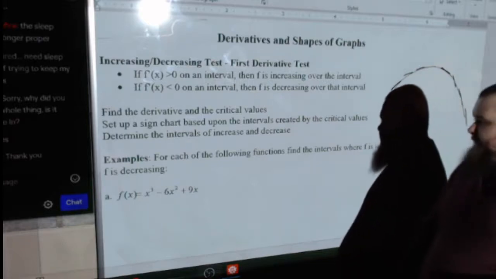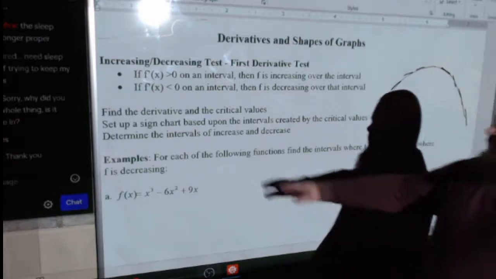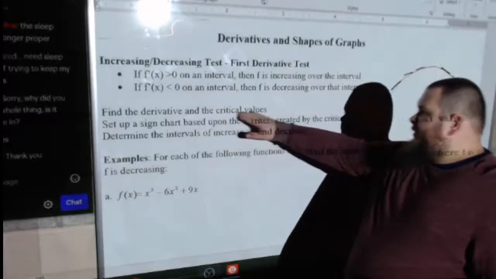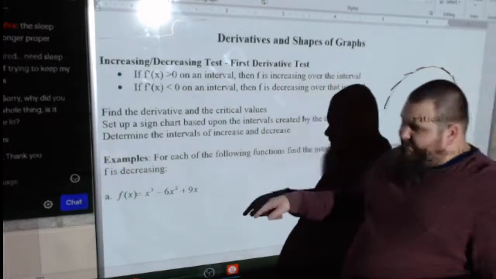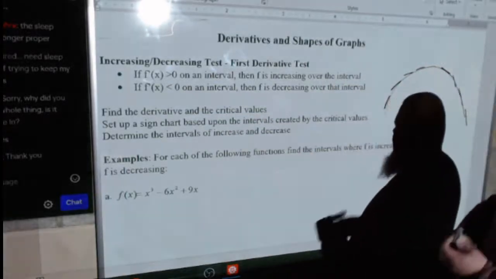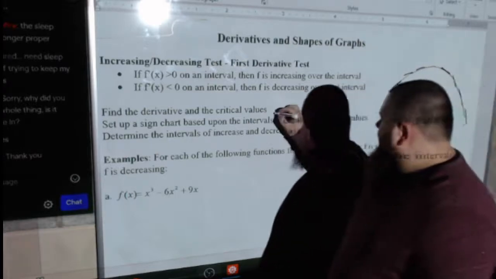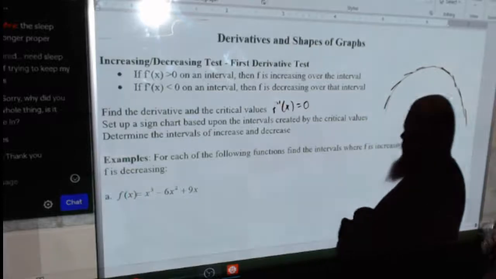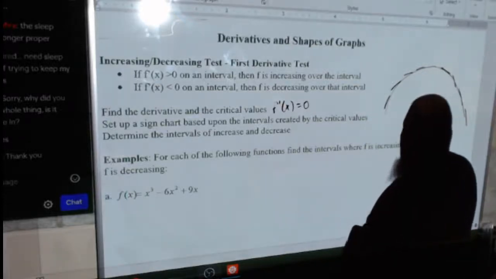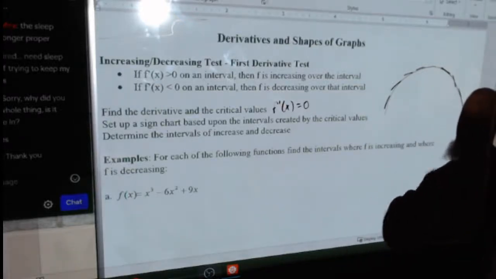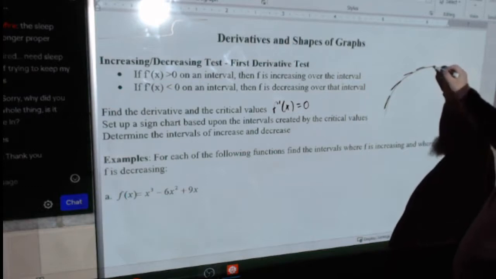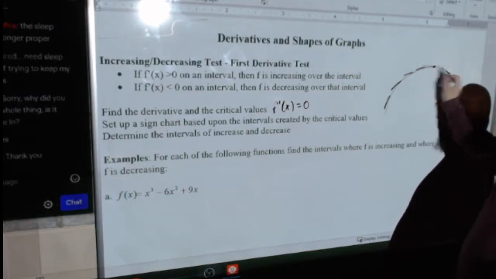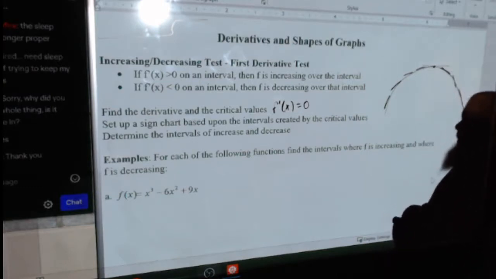Now the way to do this is it says find the derivative and the critical values. So remember, we have to take the derivative and set it to 0. So this means f prime equals 0. We do that, and that's going to tell us all of the places where the derivative, the slope, is 0.